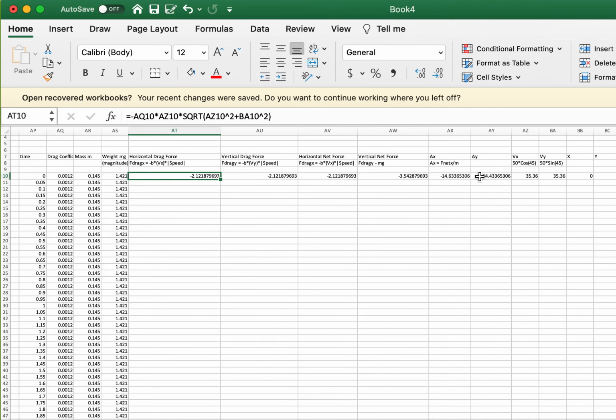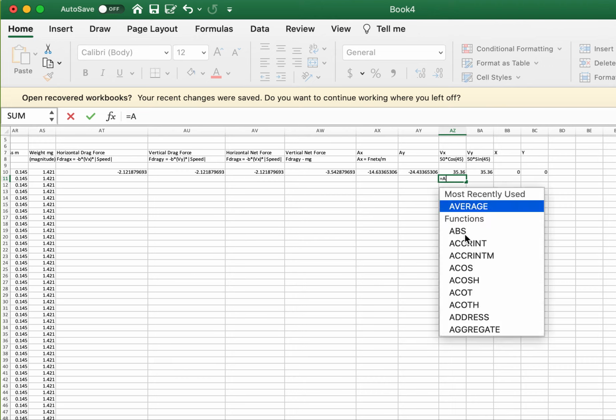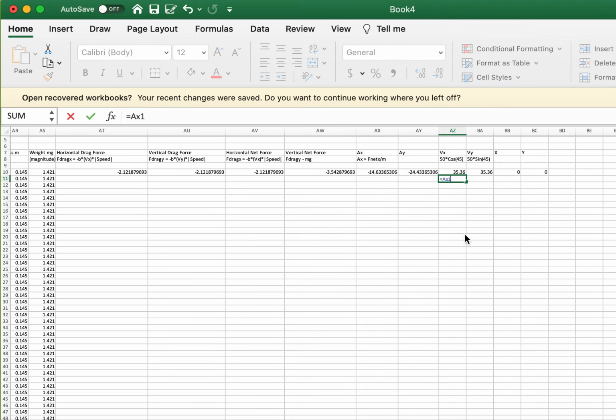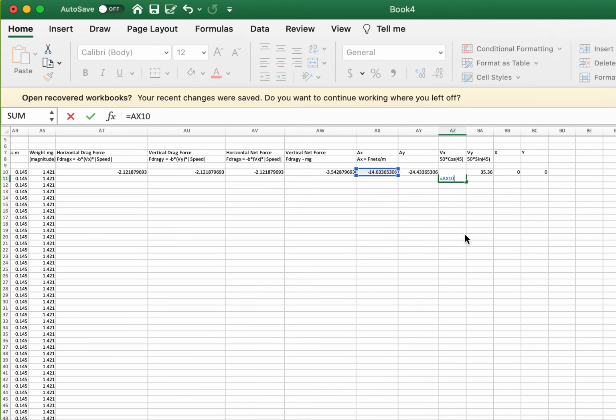Okay, great. Now that we have our accelerations, we can use them to project what our velocities will be in the next instant. For Vx, let's do our AX previous, which is AX10. That's really convenient that the column turned out to match the variable.